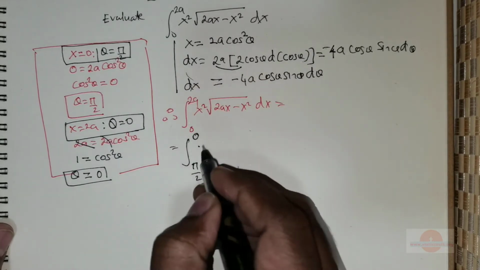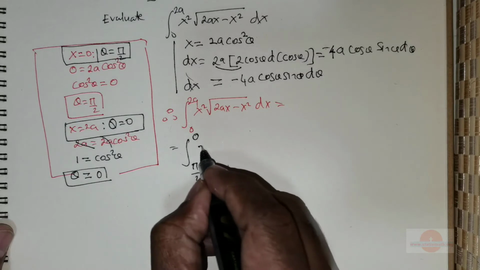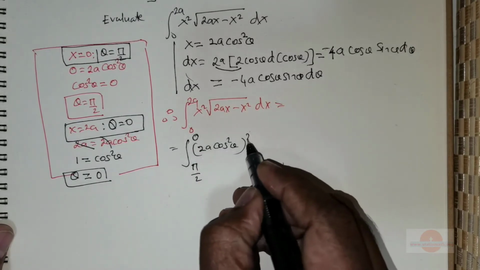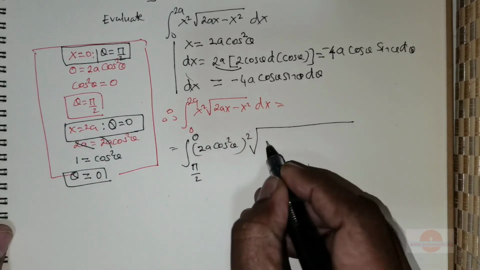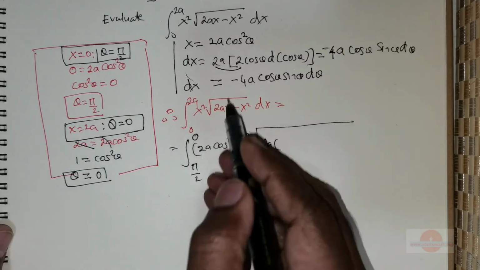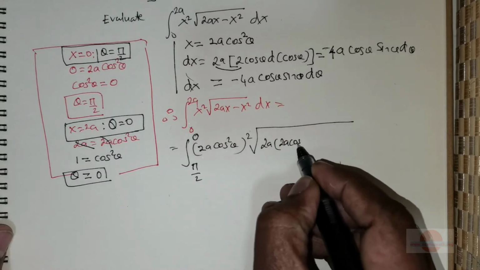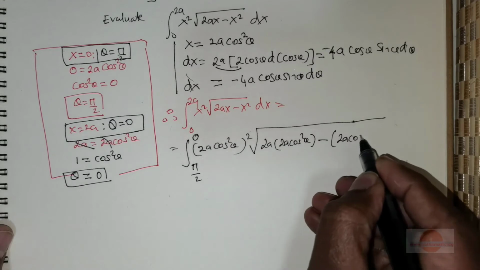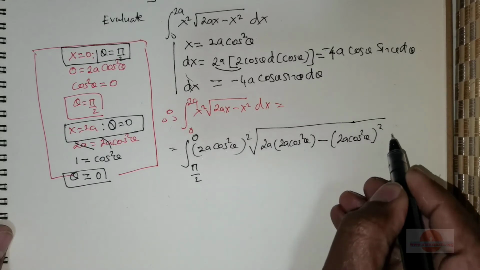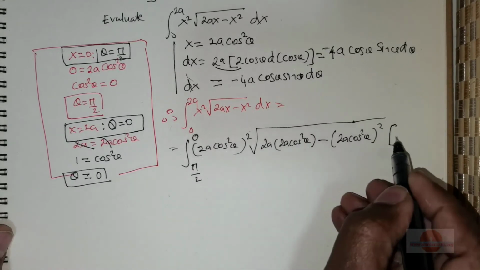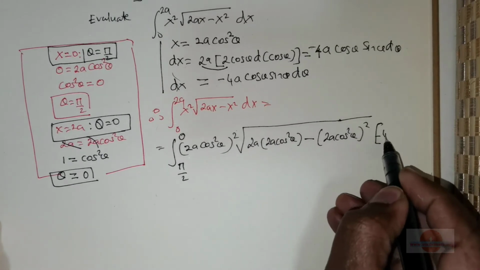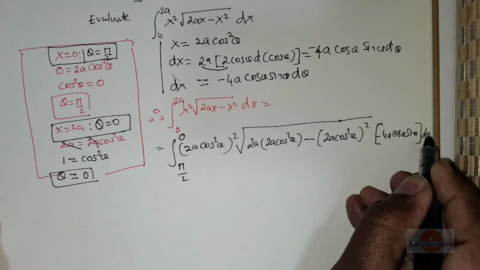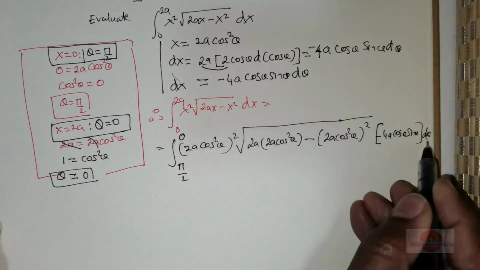So this has to be placed. Now x is 2a cos squared theta raised to the power 2, times the root of 2a times x, which is 2a cos squared theta, negative, again x squared, which is 2a cos squared theta raised to the power 2, times dx, which is negative 4a cos theta sin theta d theta. Okay, this is what you get.